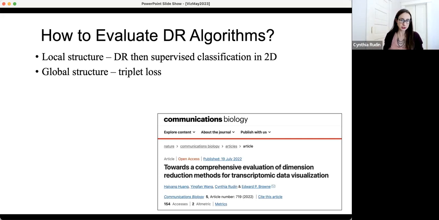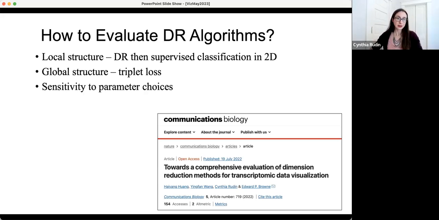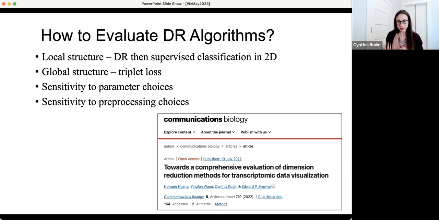Then for global structure, we proposed triplet loss, which is you have 3 data points, and if the second is closer than the third in high dimensions, that relationship needs to be maintained when you project. And then sensitivity to parameter choices. You don't really want your method to have a different visualization when you change the parameters. Also sensitivity to pre-processing choices, as well as computational efficiency.